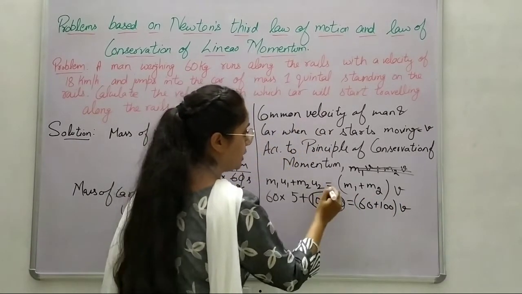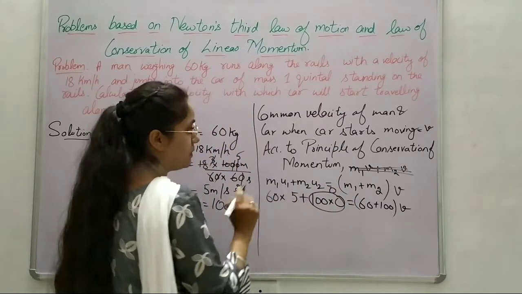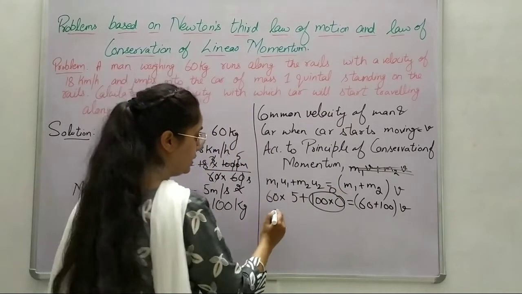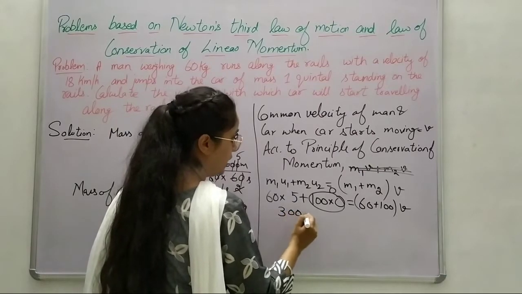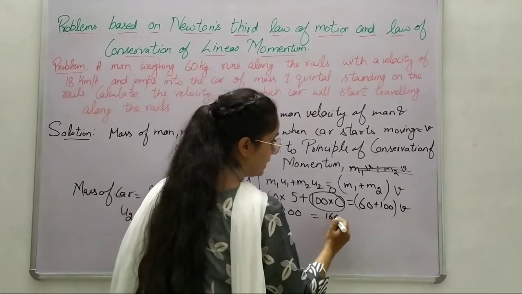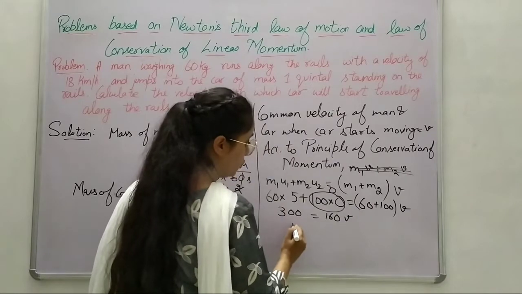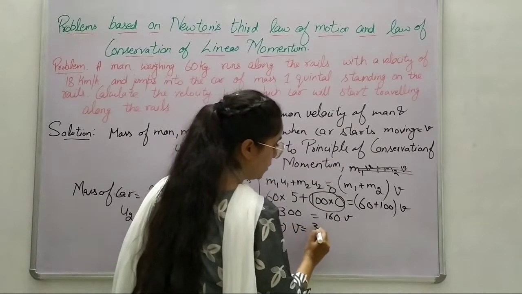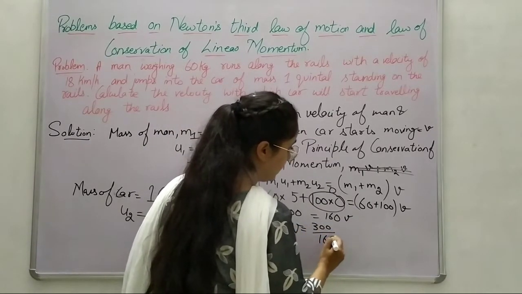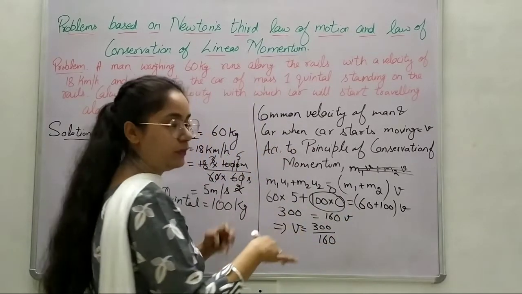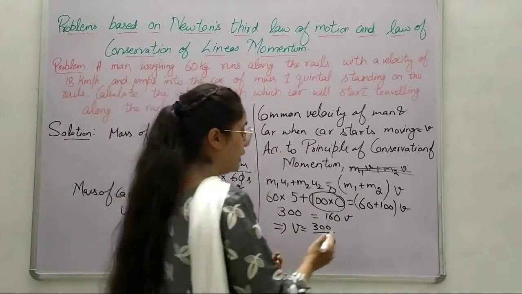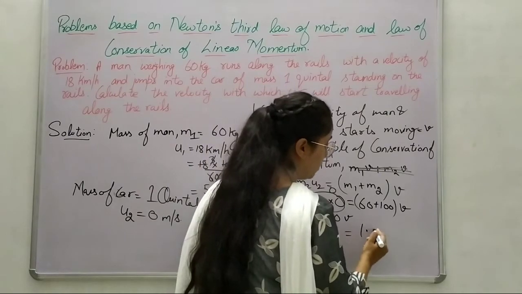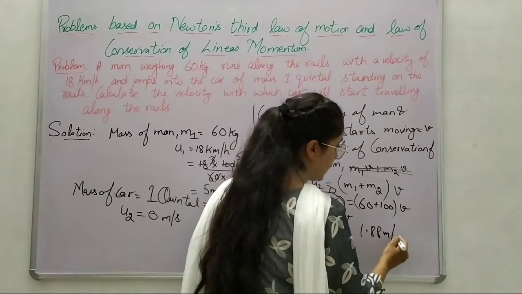Now this whole term is 0, so 60 times 5, it is 300, equals 160 times v. So v will be equal to 300 upon 160, and when you calculate it, it will be approximately equal to 1.88 meter per second.